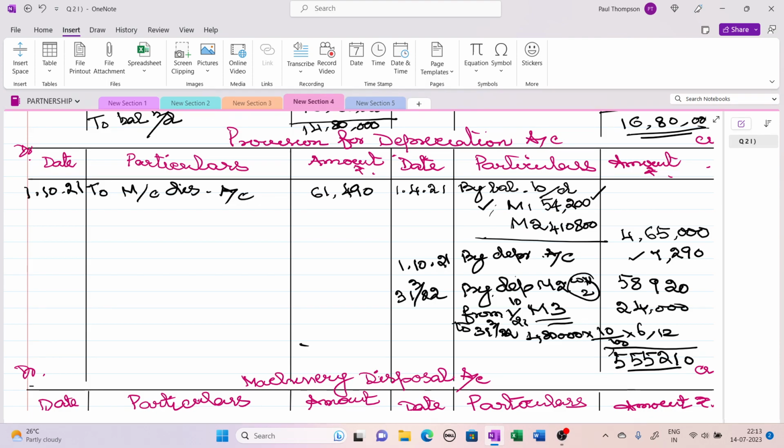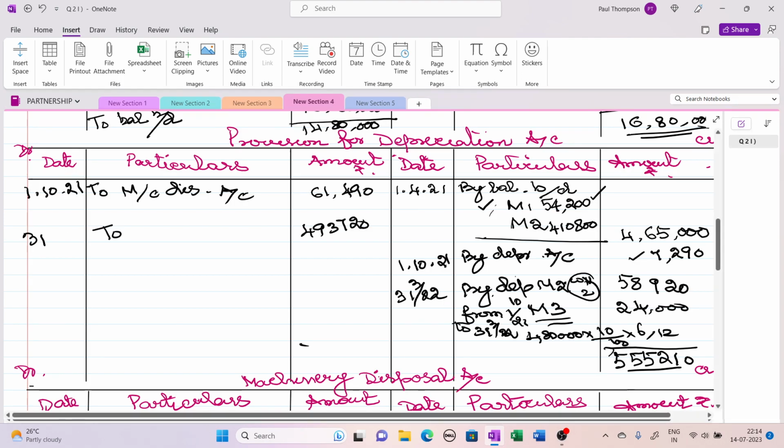So let me take it. 555,210 minus 61,490 is 4,93,720. This will be your balance carried down as on 31/3/22. To balance carried down 4,93,720.